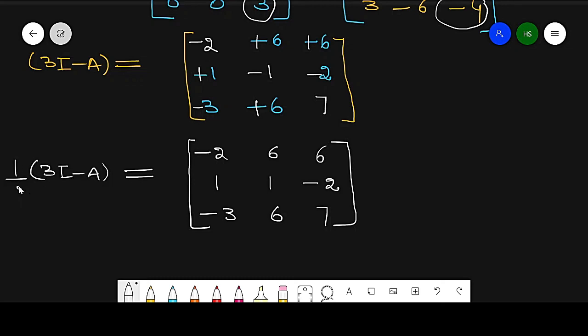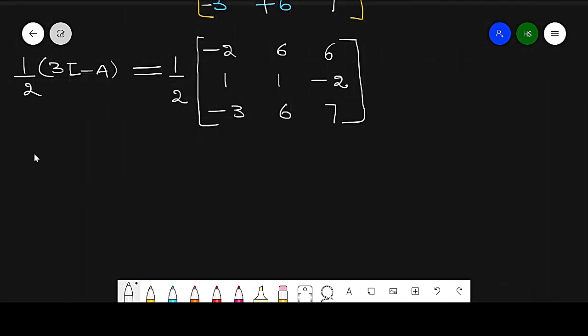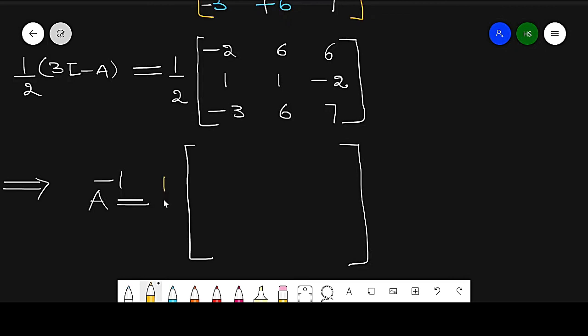Now multiply by 1 by 2. So A inverse is equal to 1 by 2 times the matrix minus 2, 6, 6; 1, minus 1, minus 2; minus 3, 6, 7.